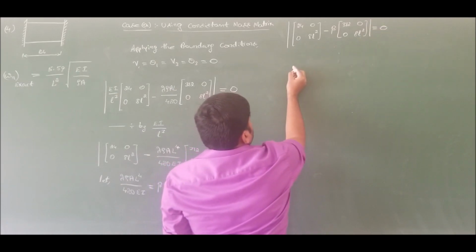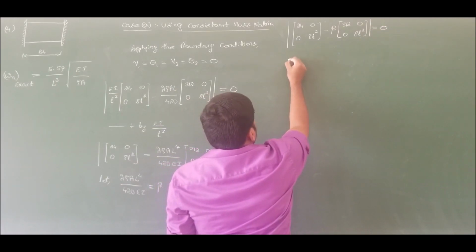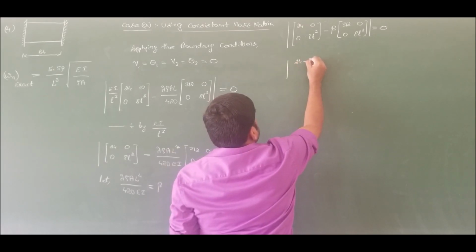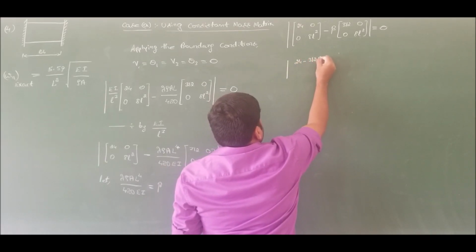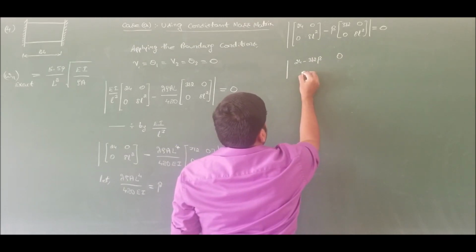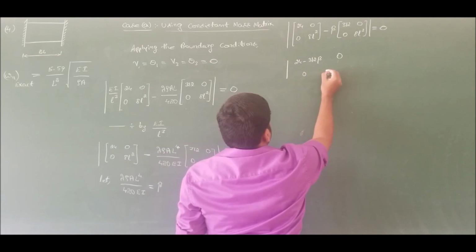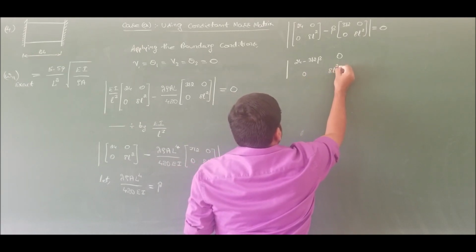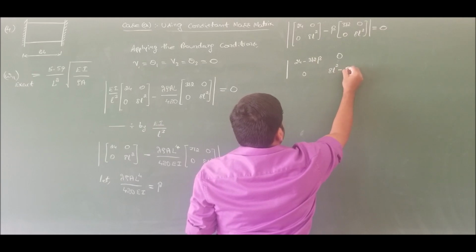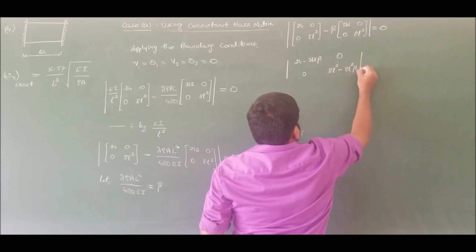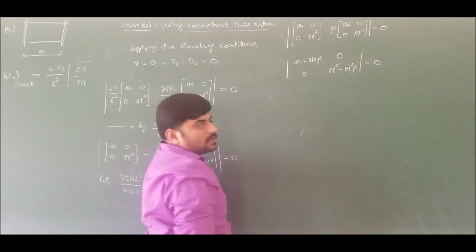So now solving this further, I will get determinant of 24 minus 312 beta, 0, again we have 0, and finally we have 8L square minus 8L square beta. This must be equal to 0.